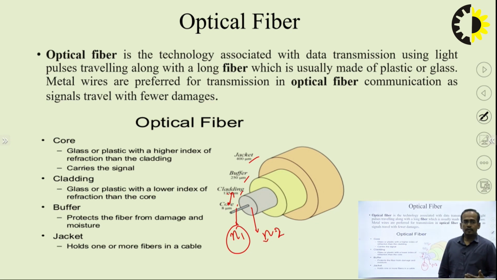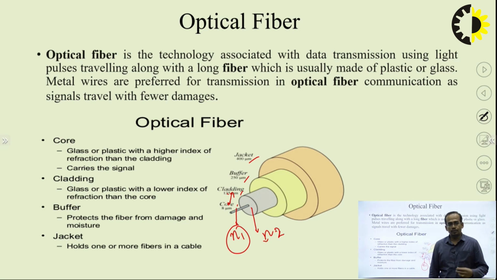So cladding is glass or plastic with a lower index of refraction than the core. We can define the core as glass or plastic with a higher index of refraction, and cladding as glass or plastic with a lower index of refraction. If I compare the core and cladding with respect to refractive index, then the core should have a higher refractive index as compared to the cladding.